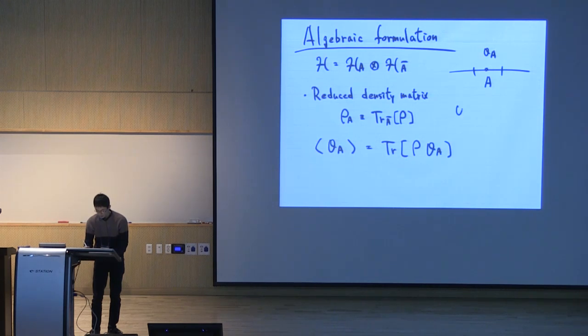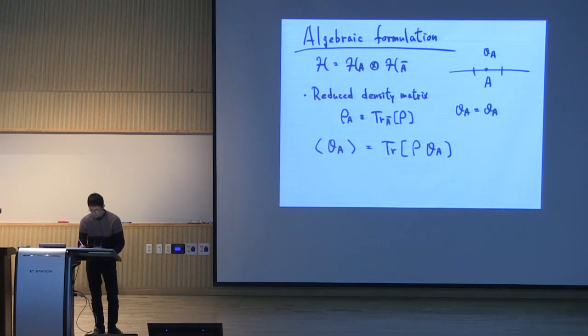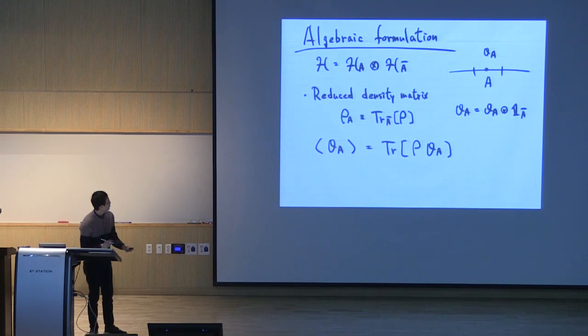More precisely, O_A means some operator acting on the Hilbert space A, and the identity operator on A bar. Okay, so this is a shorthand notation.